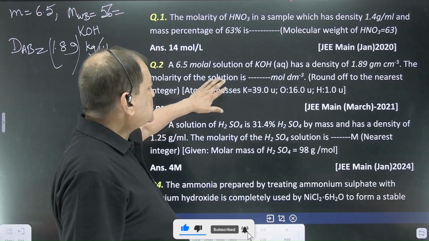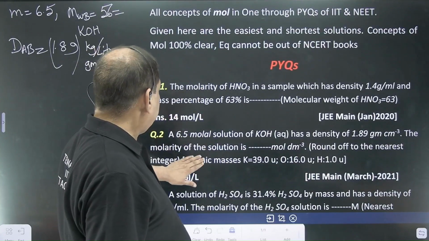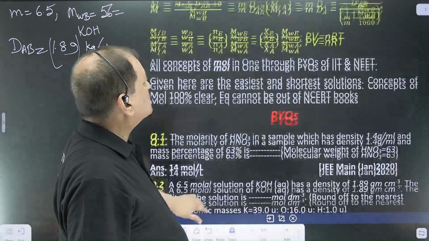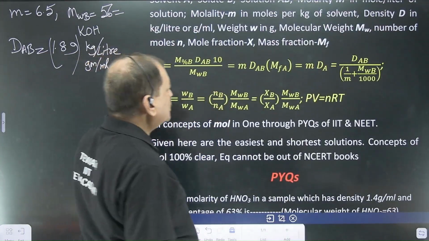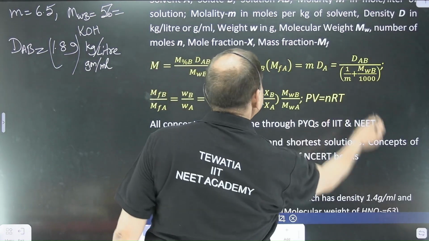So again, this is a simple question. Substitute these values. We have to find the molarity of the solution. So for this molarity of the solution, use this formula. Substitute these values here.